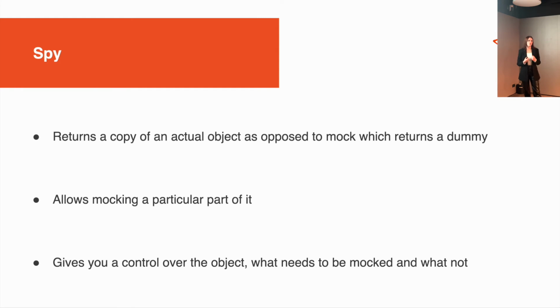It will behave as expected, as it would normally do. With a dummy, we either get the exception or we get some dummy stub. So a spy allows mocking a particular part of it, if we want, for example, to keep everything as it is and just mock one function. That gives you control over the object, over what needs to be mocked and what doesn't.